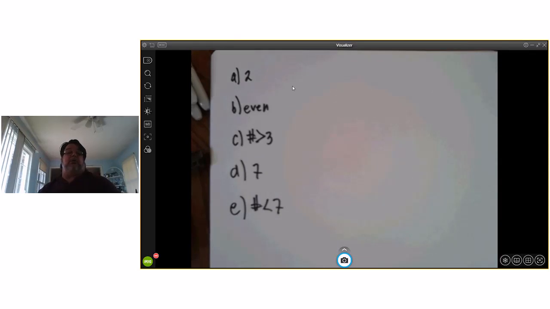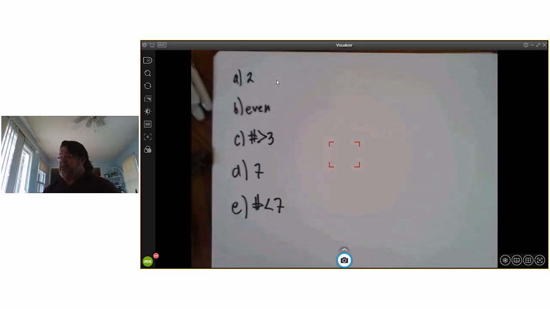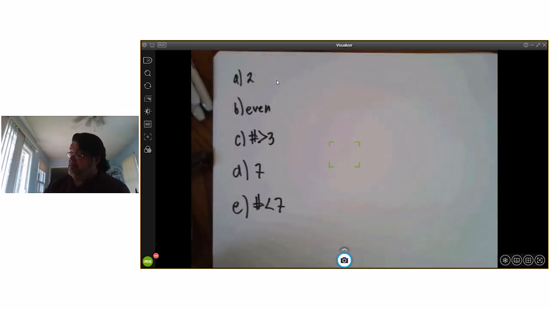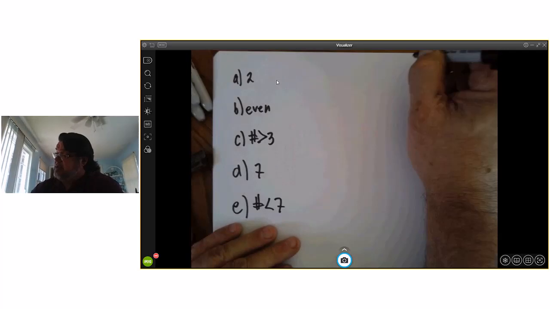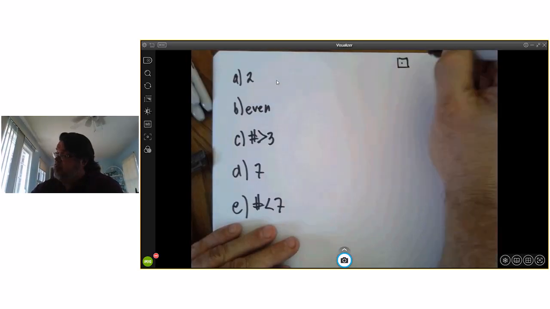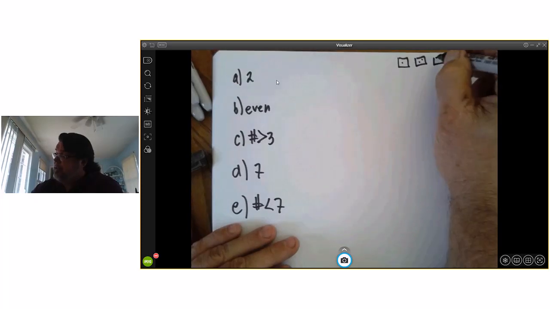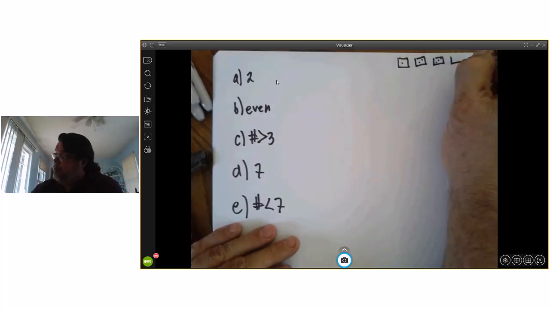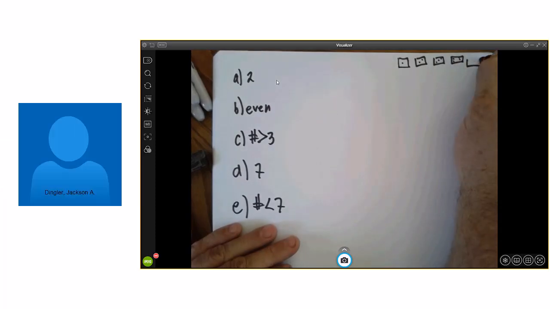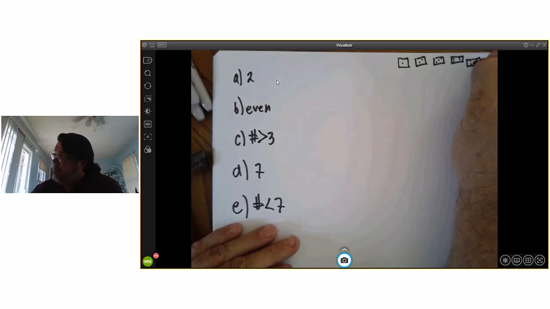All right, so I want to do the probability of 2. Well, how many sides does a die have on it? It's got a 1, a 2, a 3, a 4, a 5, and a what?